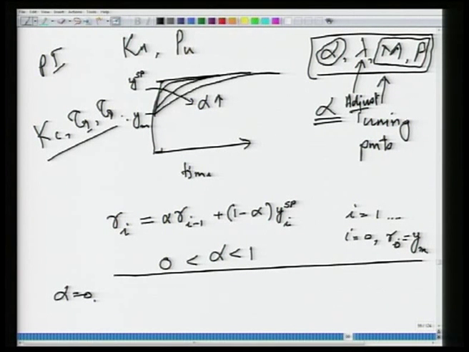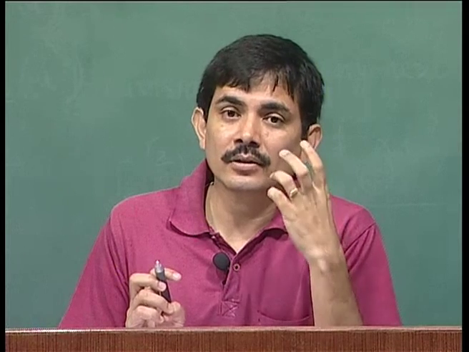So, there are standard tuning methods for PID controllers. Unfortunately or fortunately, for model predictive controllers there are not yet systematic standard procedures that can be applied to get alpha, lambda, m and p. Okay. It is more hit and trial.